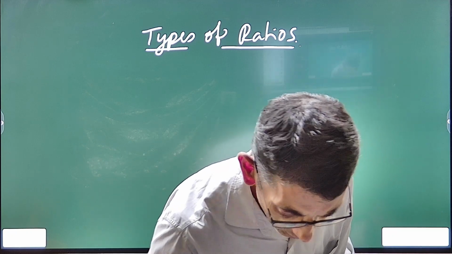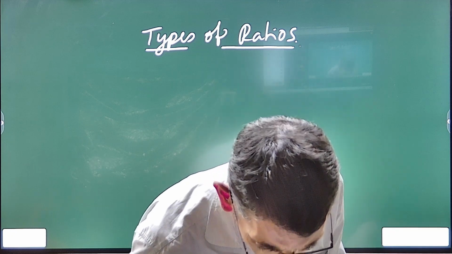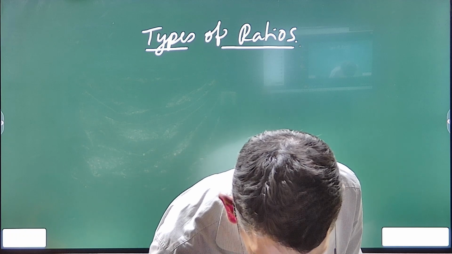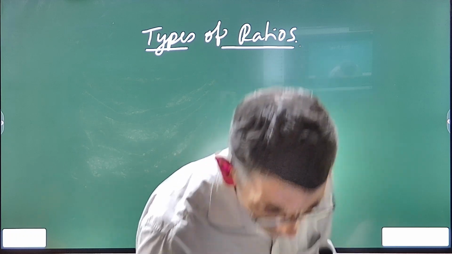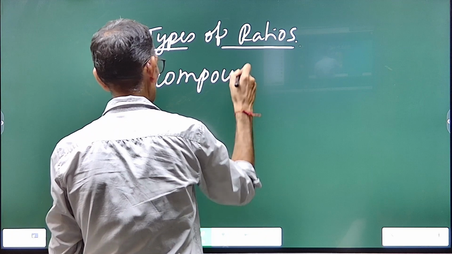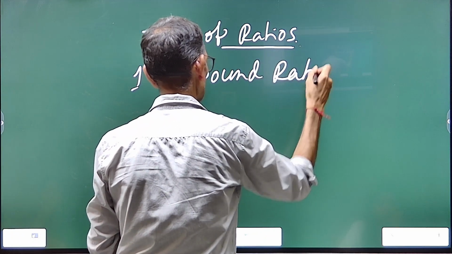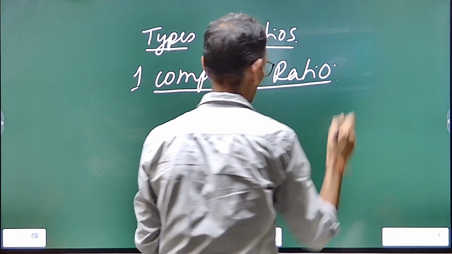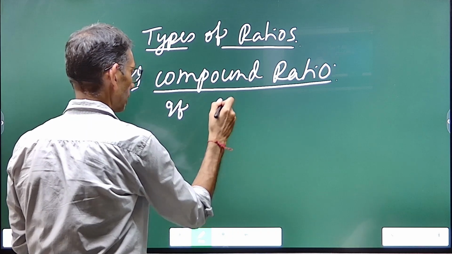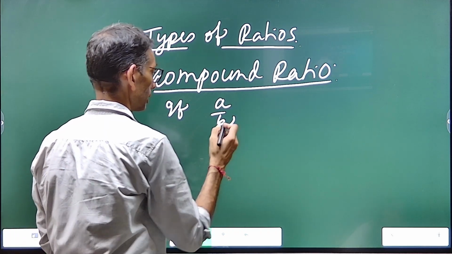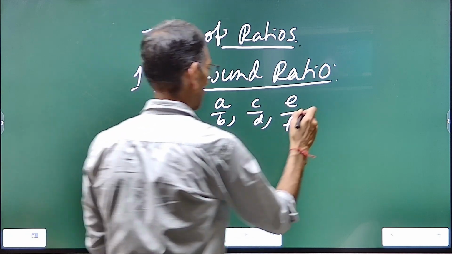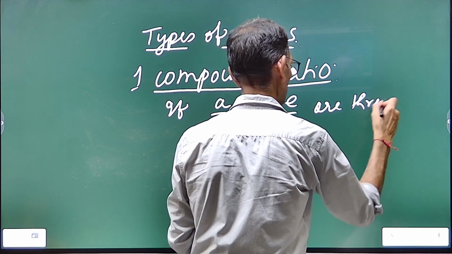Okay, write first: compound ratio. Compound ratio, if A by B, C by D, E by F are 3 ratios.